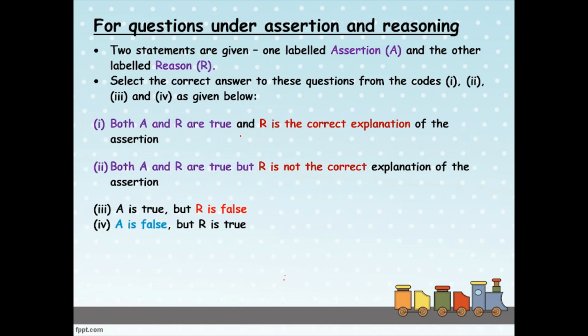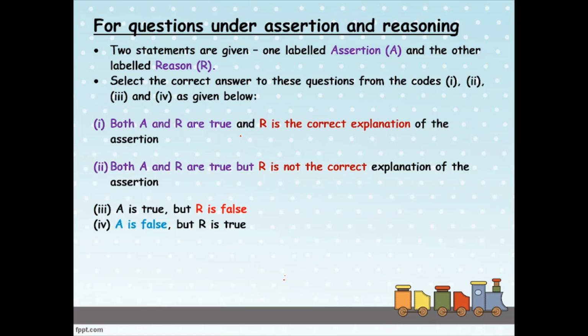Both are true and R is the correct explanation of assertion. Then the second option is both A and R are true, but R is not the correct explanation of the assertion. Third is A is true, but R is false. Fourth is A is false, but R is true.